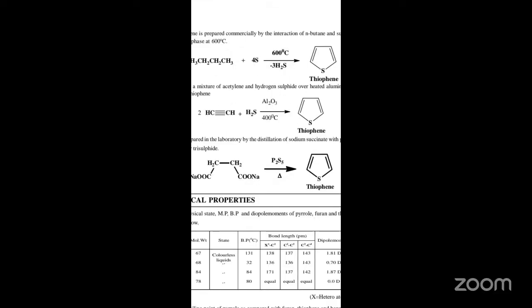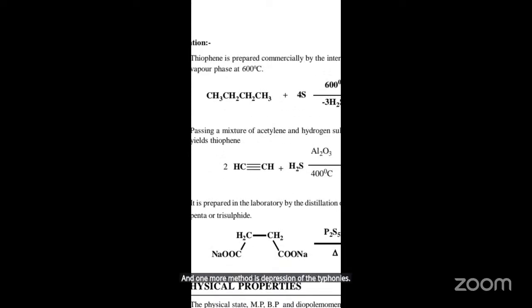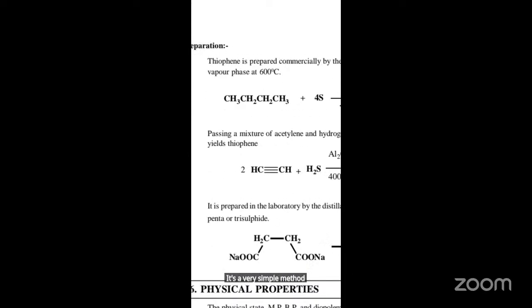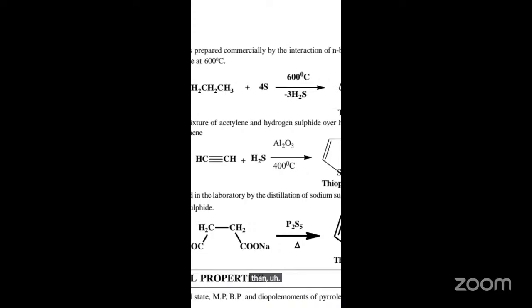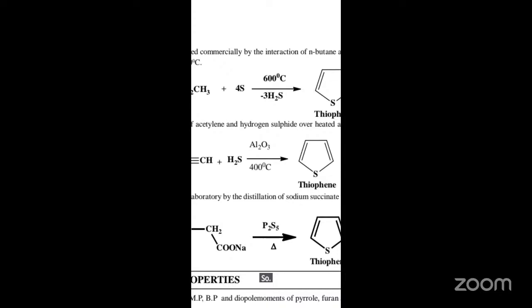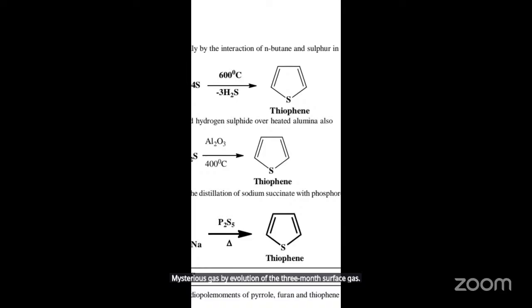And one more method of preparation of thiophene is a very simple method, where we take n-butane. When it is treated with nascent sulfur at 600 degrees Celsius, a higher temperature, 3 moles of H2S gas are evolved, and thiophene is going to form.